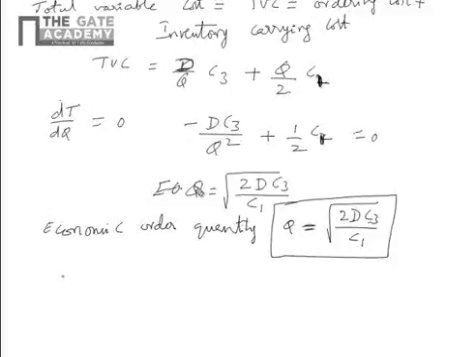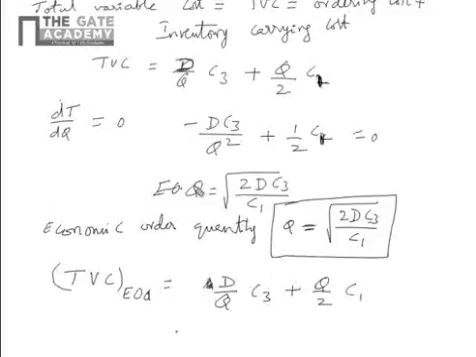So next, in that same case, we know the economic order quantity. So what is the total variable cost at economic order quantity? Substitute this EOQ value in the total variable cost: D by Q into C3 plus Q by 2 into C1. Substitute Q equal to root of 2DC3 by C1.